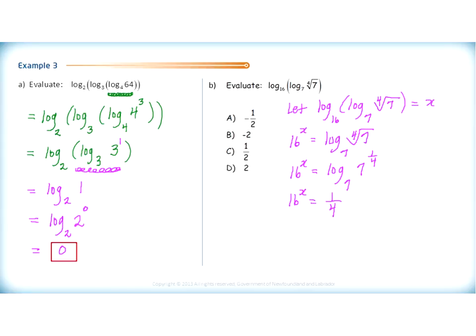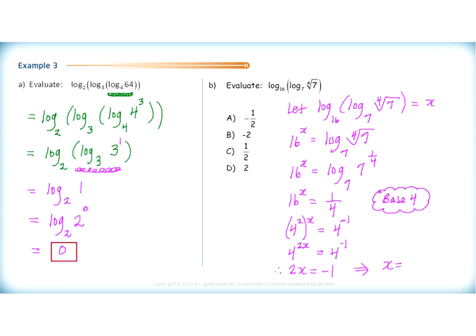And in the back of our mind, we can see that we can express both sides of this equation with a base of 4. 16 is 4 squared raised to the power of x, and 1/4 is the same as 4 raised to the power of -1. So we have 4 to the power of 2x is equal to 4 to the -1. Since the powers are equal with the same base, we can conclude that 2x is equal to -1.